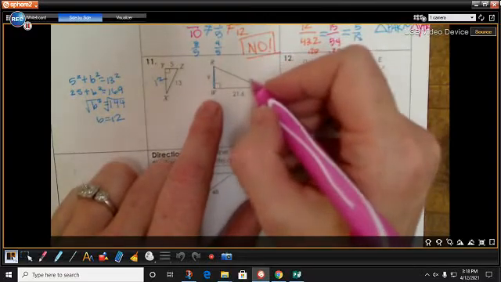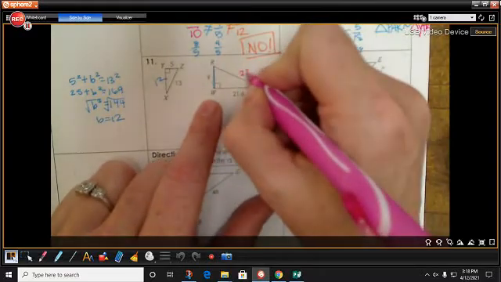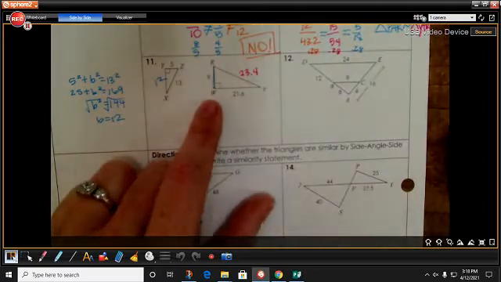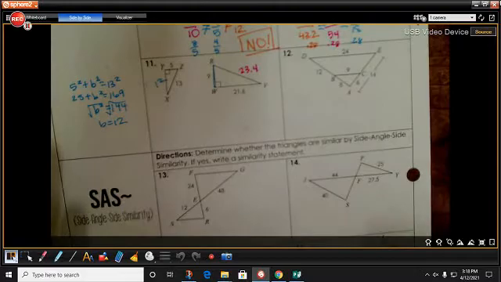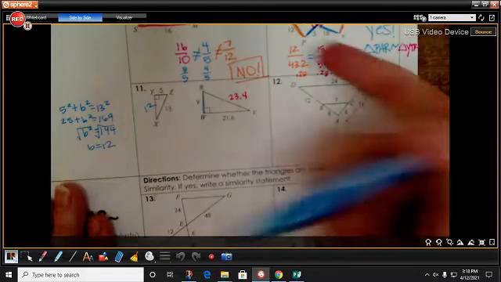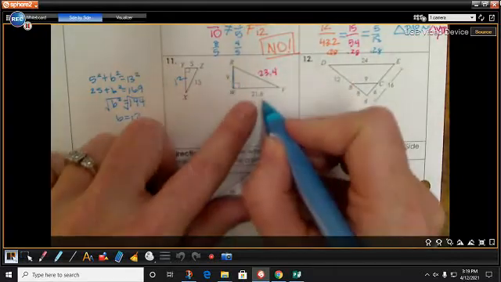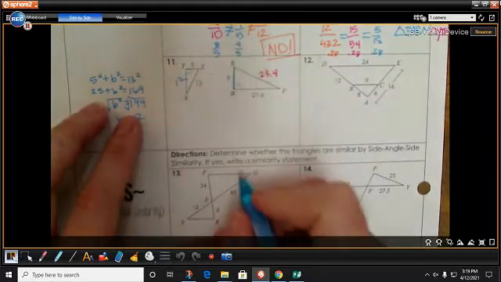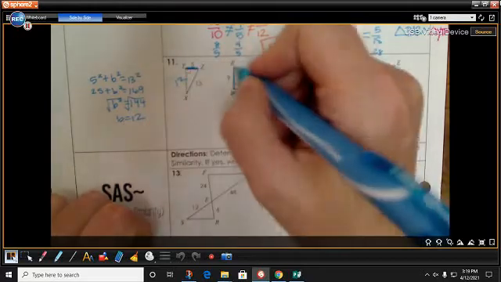And then over here, when I do the same thing with my Pythagorean theorem, this comes out to be 23.4. And now I'm ready to set up my proportion and see if everything comes out to be equal or not equal. So along my right angle, I've got a short side and a long side, and a short side and a long side. I'm going to put my two short sides together.